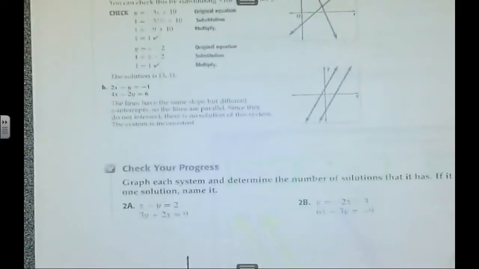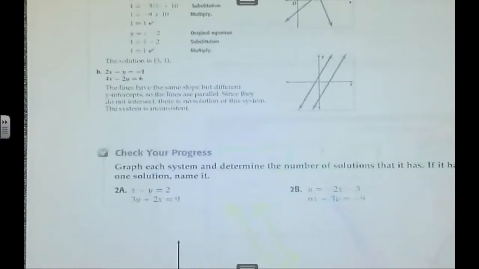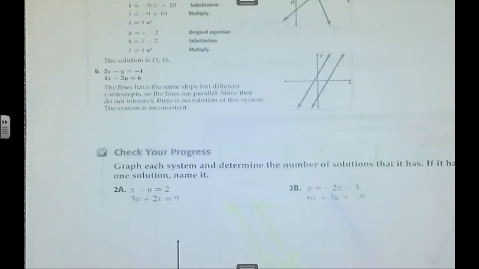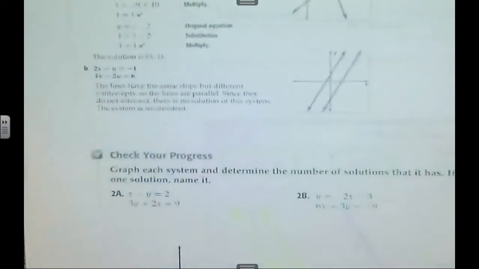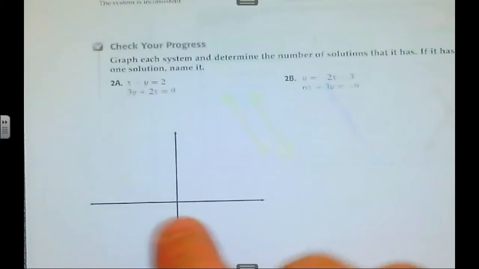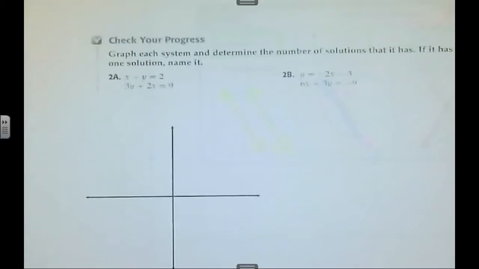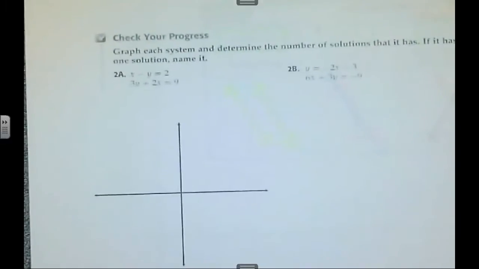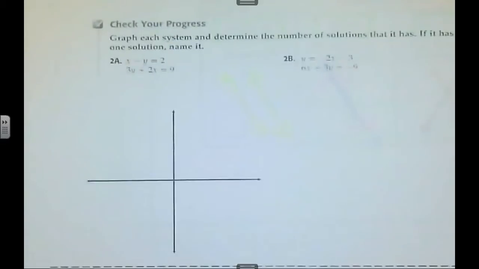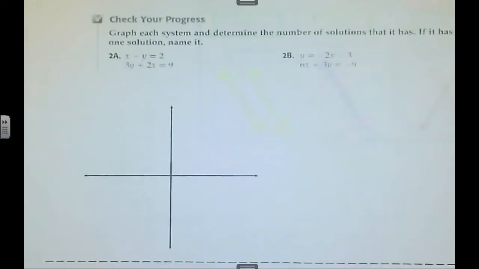We're going to graph each line and see which scenario they fall into. Unfortunately, the graph here did not come out too well, so we're going to have to estimate here. Let's do an example or two, and then we'll take a look at your homework.